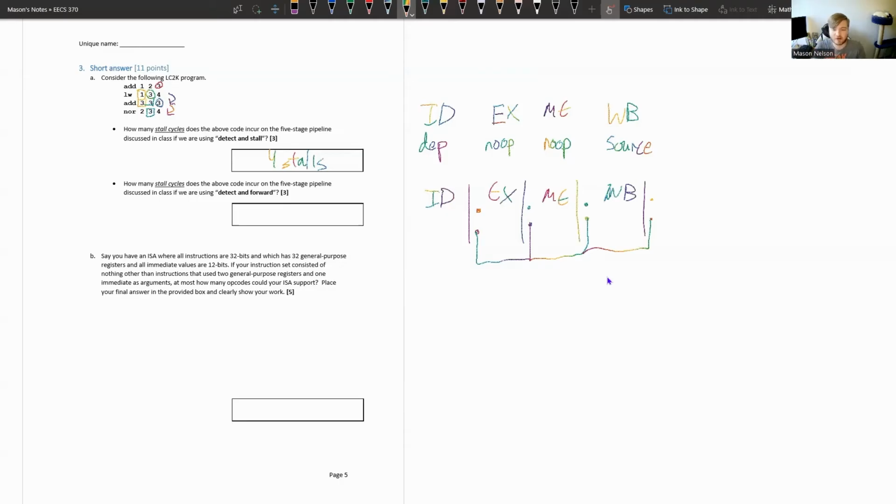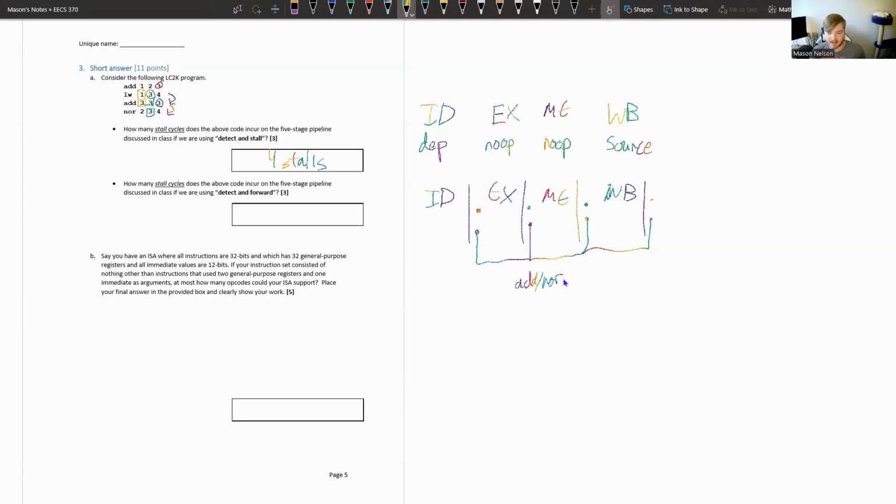Now, if we grab it from the spot right after the execute stage, we can do that for add and NOR instructions, because the value that an add or a NOR will eventually write back is available immediately after it passes through the execute stage. So you have that value, and you can use it right there and pass it back to the next instruction.